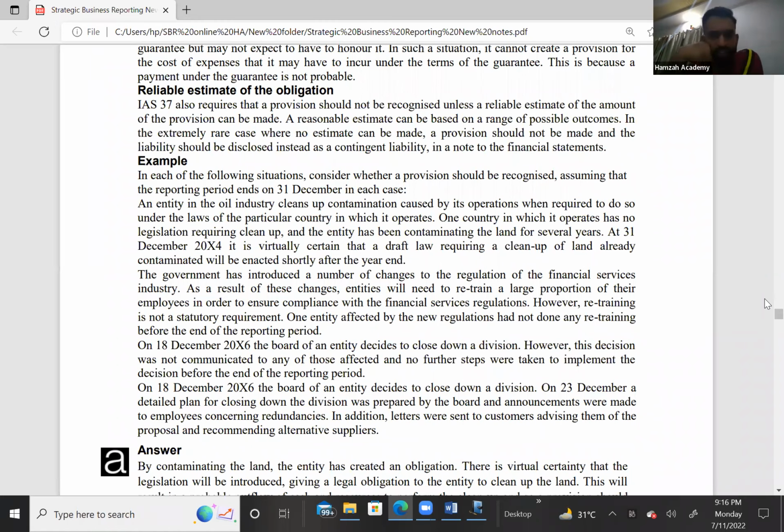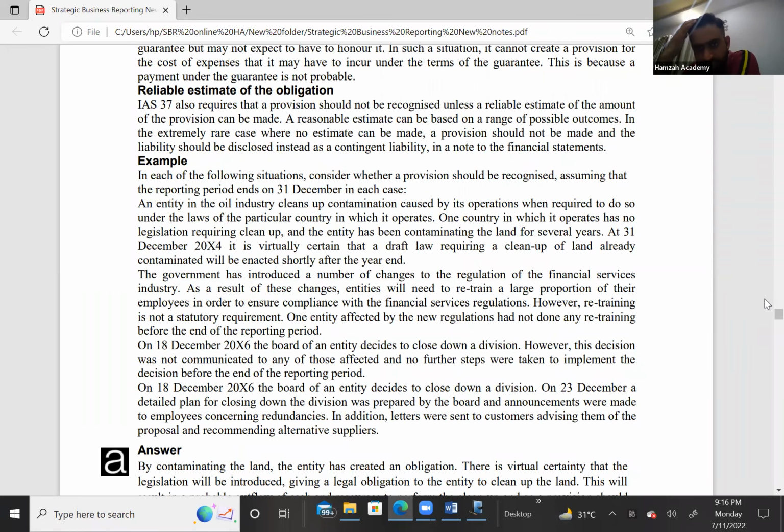In each of the following situations, consider whether a provision should be recognized, assuming that the reporting period ends on 31st December. An entity in the oil industry cleans up contamination caused by its operation only when required to do so under the law of a particular country in which it operates, only when it is required by law.